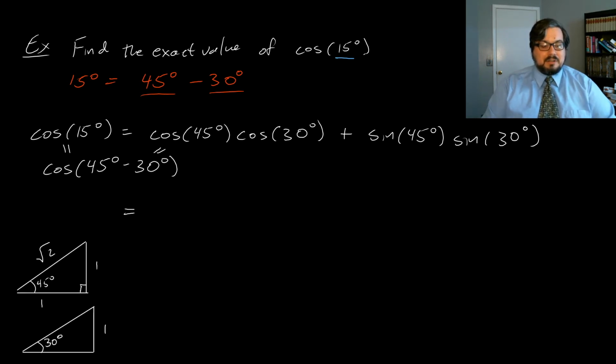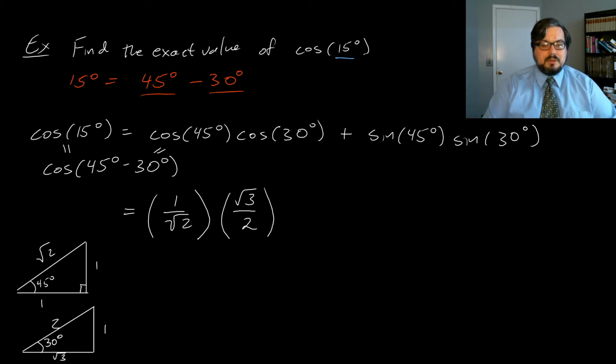And for 30 degrees, we have a triangle with side lengths of 1, 2, and square root of 3. So that means that cosine of 45 degrees is 1 over the square root of 2. Cosine of 30 degrees is the square root of 3 over 2. Sine of 45 degrees is 1 over the square root of 2. And sine of 30 degrees is 1 over 2.